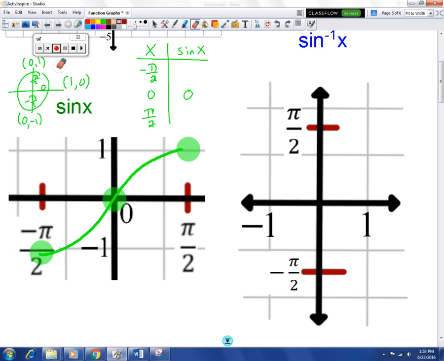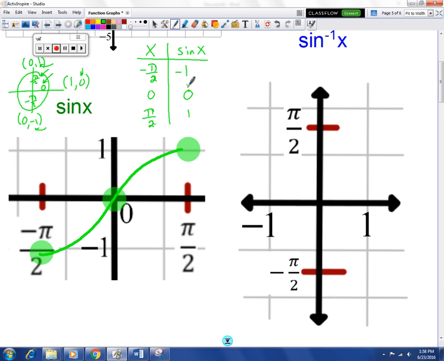Here's my 0. That's my x value. My sine value is the second coordinate, so the sine of 0 is 0. At pi over 2, at the top, my unit circle value is positive 1, and at negative pi over 2, my sine value is negative 1.